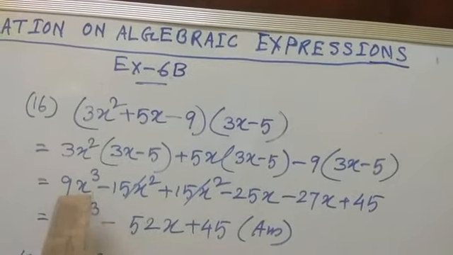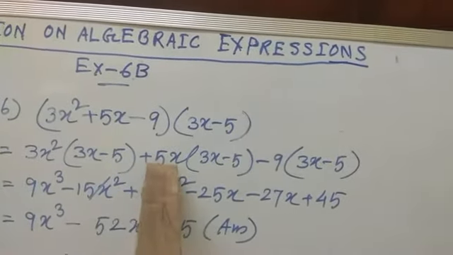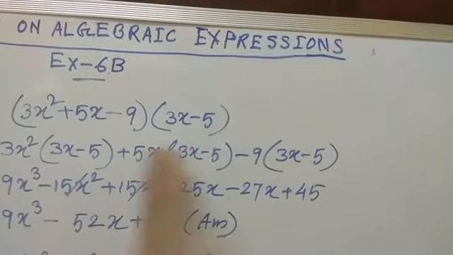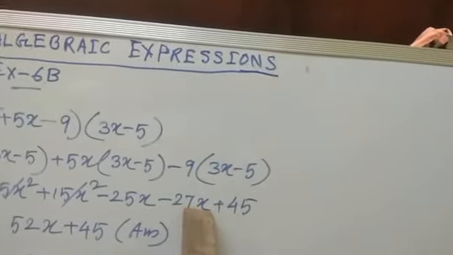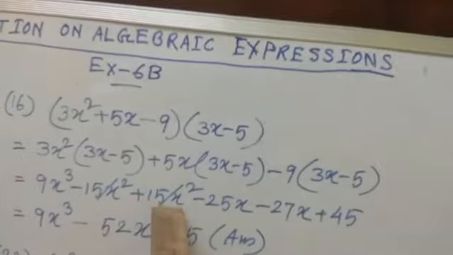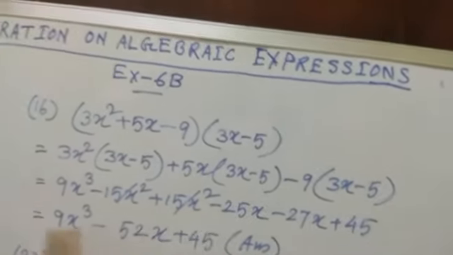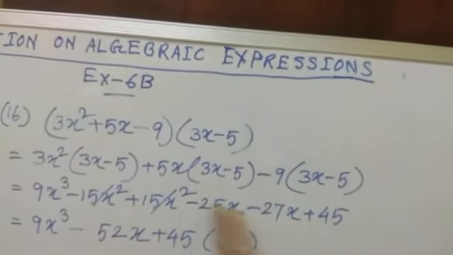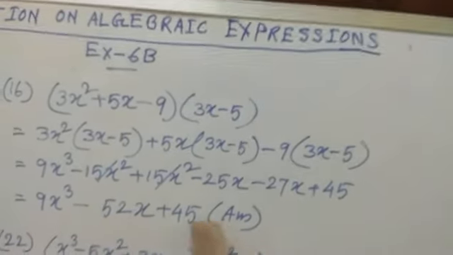So 3 3 is 9x to the power 3 minus 3 5 is 15x² plus 5 3 is 15x, into x² plus into minus 5 into 5 is 25, with the little coefficient x, minus 9 3 is 27x plus 45, 9 into 5 is 45. These are the two same terms with negative sign, so cut this: 15x² minus 15x² plus 15x². So 9x cube, and these are two like terms, so minus 25x minus 27x, minus 52x plus 45.